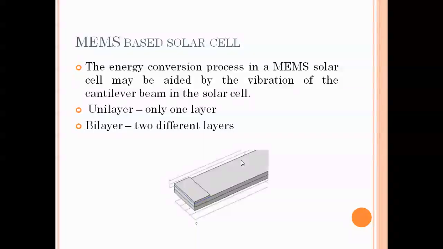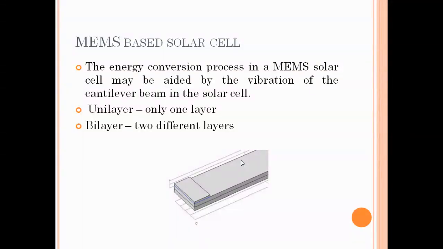A cantilever is a beam where one end is fixed and the other end moves freely. That is the basic structure of a cantilever, which can be made of a unilayer or bilayer. Unilayer means only one layer is used. If we use two layers, it is called a bilayer cantilever beam.